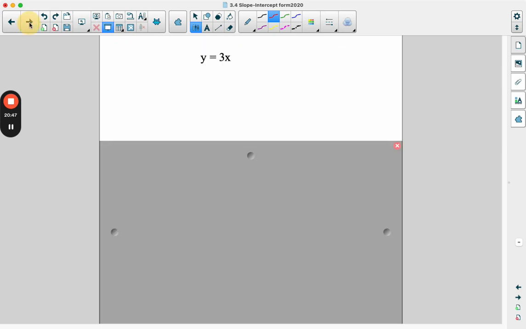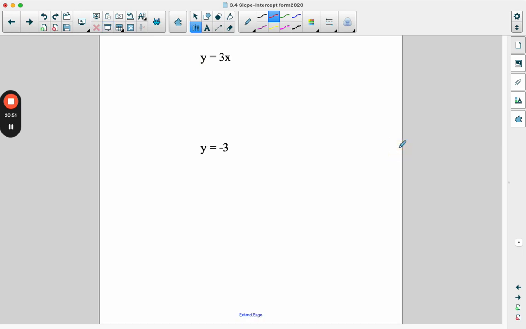We're just about done. Two last questions I want to look at. Y equals 3x. Is that equation in slope-intercept form? Remember, slope-intercept form is, in general, y equals something times x plus something. Does that equation match that?